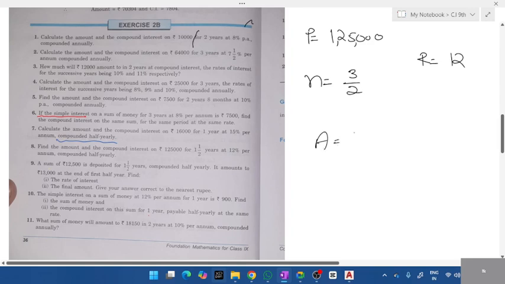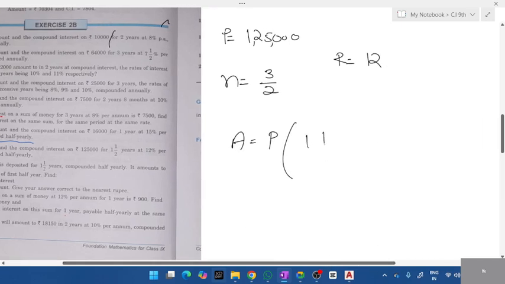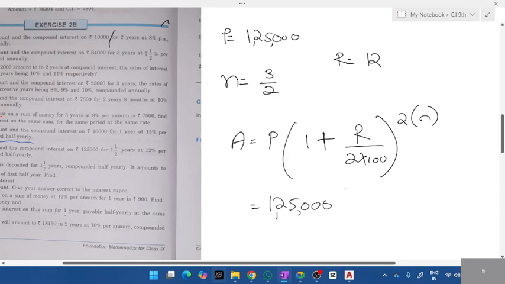Find the amount, students. What's the formula for amount? P into 1 plus R by 100. This is semi-annual, so calculate after adjusting. So 1,25,000 into 1 plus R. What is R? 2 into n.